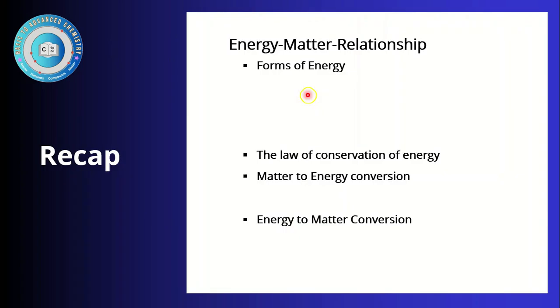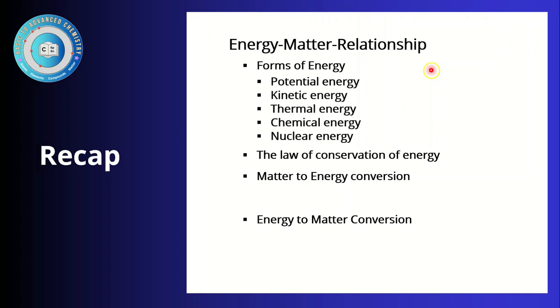So let us summarize our lesson. Energy-matter relationship. We have seen different forms of energy, including potential energy, kinetic energy, thermal energy, chemical energy, and nuclear energy. We have discussed also the law of conservation of energy: energy cannot be created nor destroyed, but transferred and transformed.